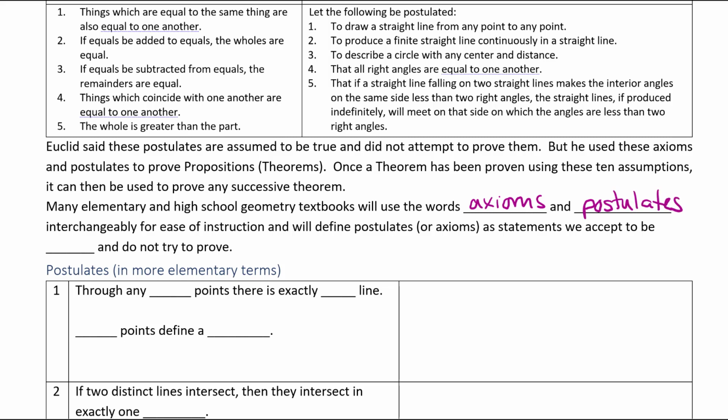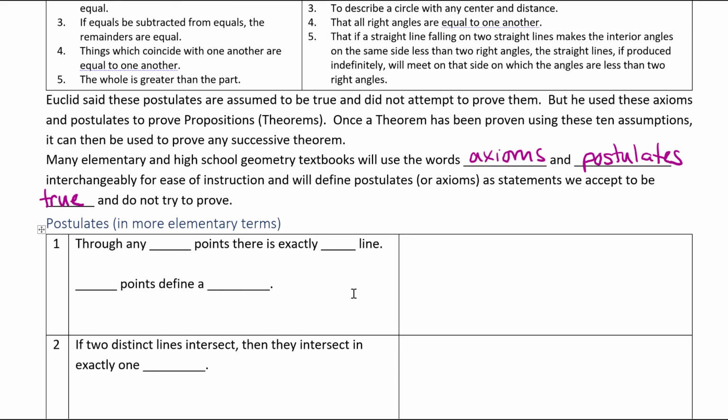There is a slight difference, but if the books that you're going to be teaching out of are going to be interchanging them, you should know that there is technically a difference, but for ease of instruction, we're going to just assume that these postulates or axioms are statements that we accept to be true, and we're not going to try to prove them. Okay, that's what most of the textbooks usually use.